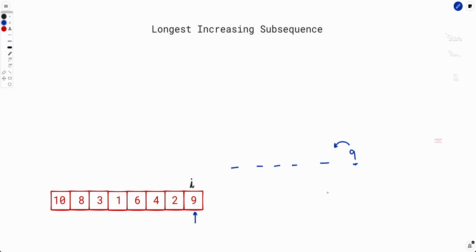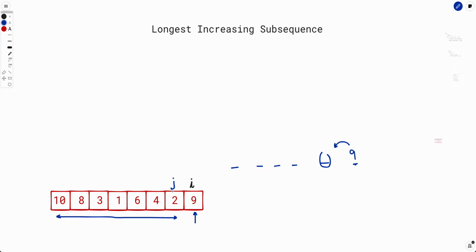So in this particular scenario, j could be anything in this range, right? Now let's say you figure out that this is j because this satisfies both conditions: the element is actually smaller and j is less than i. So 2 is less than 9 and also the index of 2 is less than the index of 9. Now let's say this is j.